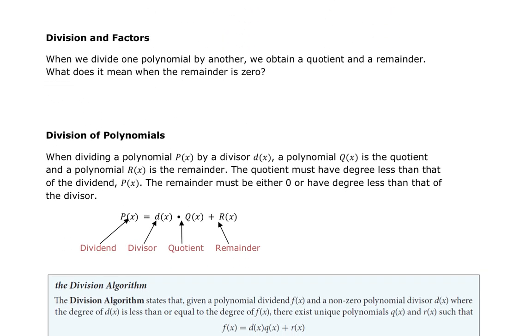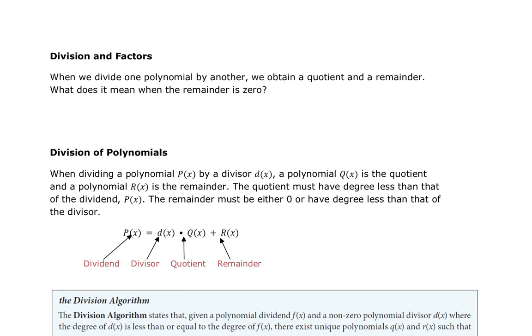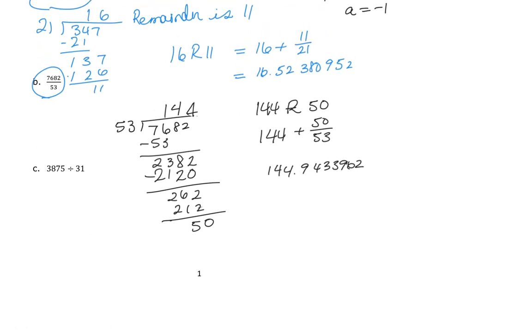What we're going to do now is the division algorithm with polynomials. So when we divide one polynomial by another, we're going to get a quotient and we're going to get a remainder. So if I come back up here, this is my quotient and this is my remainder. This is my quotient and this is my remainder.